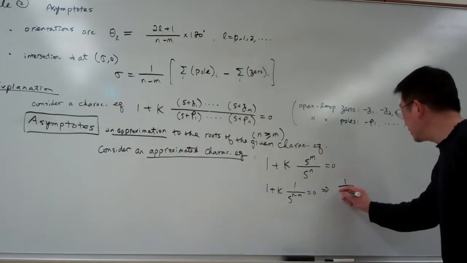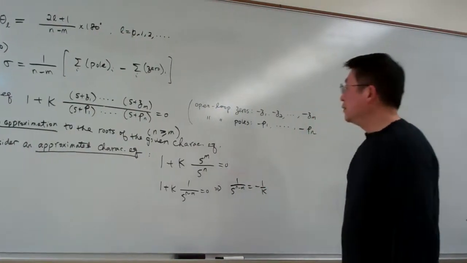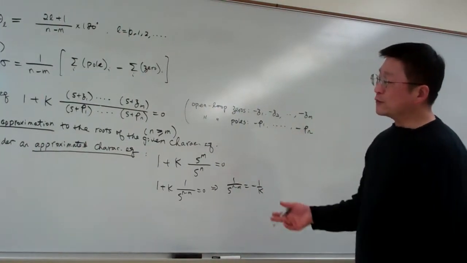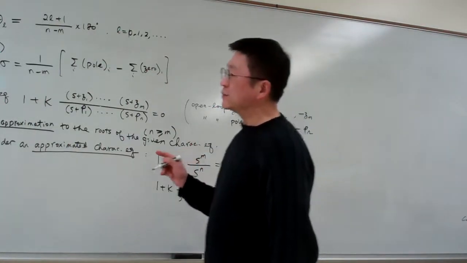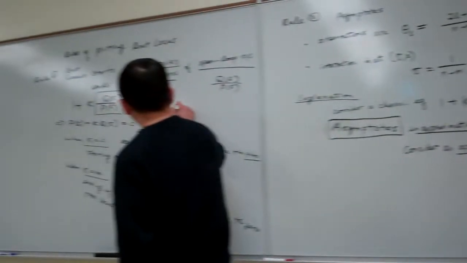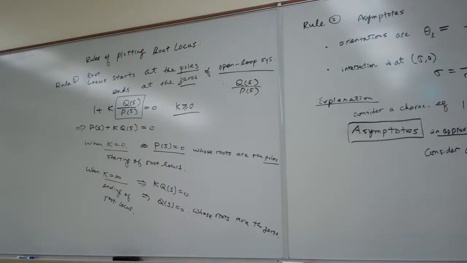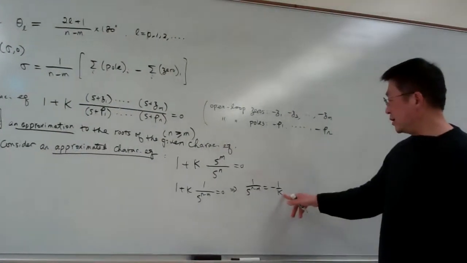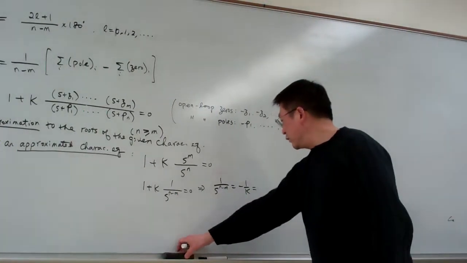Basically s^(n-m) equal to minus 1 over k. And again, if I didn't provide any specific information, in these chapters we're working on the domain where k is non-negative. If I forget to write that, you have to assume that's the range. So here k is non-negative, so this number will always be negative.